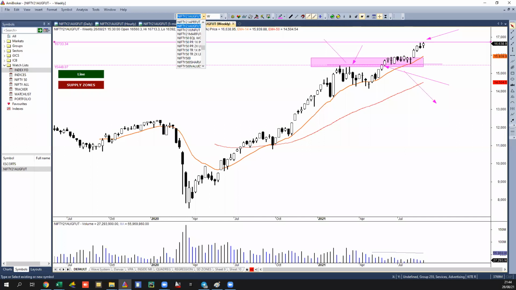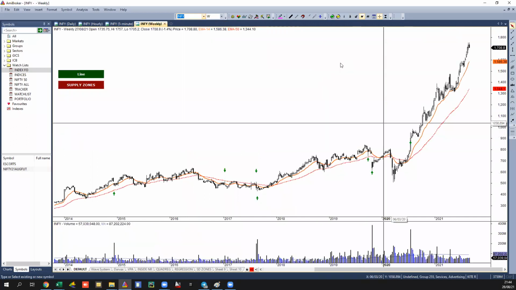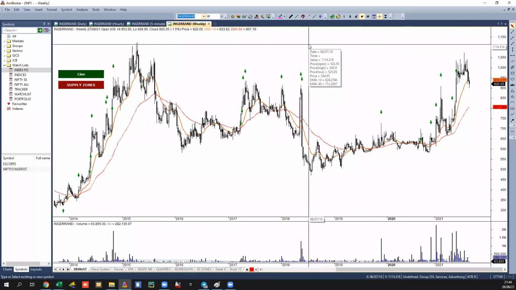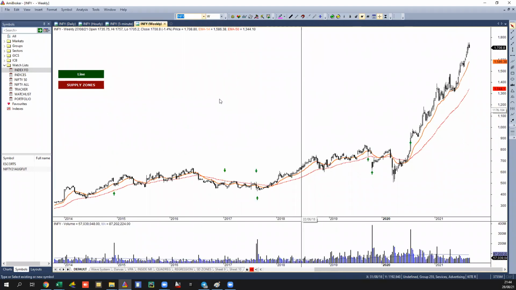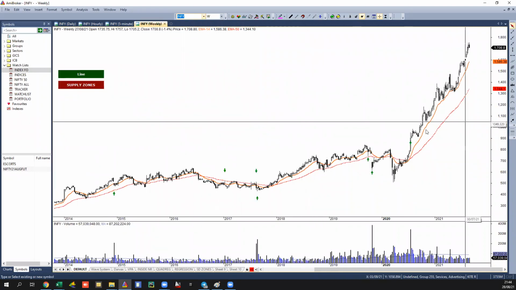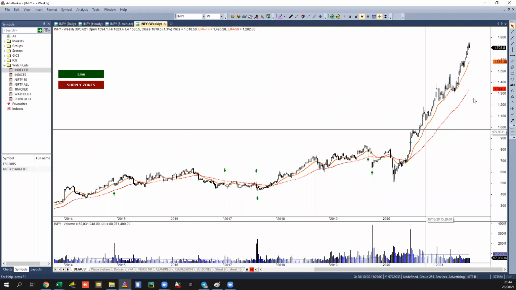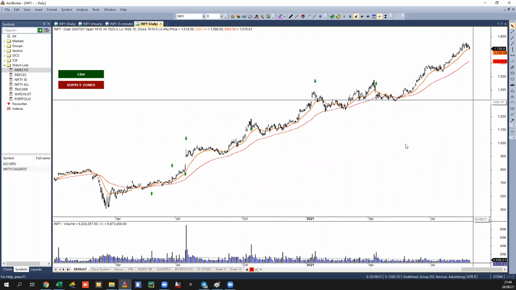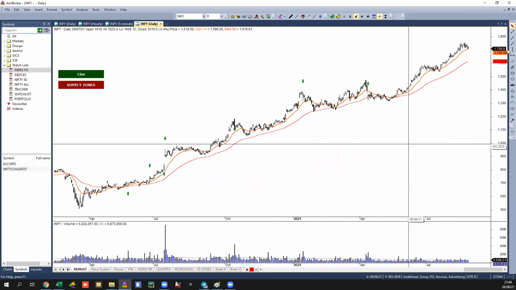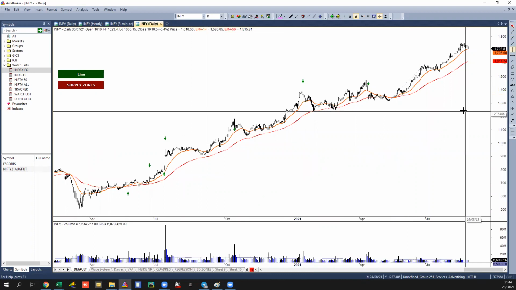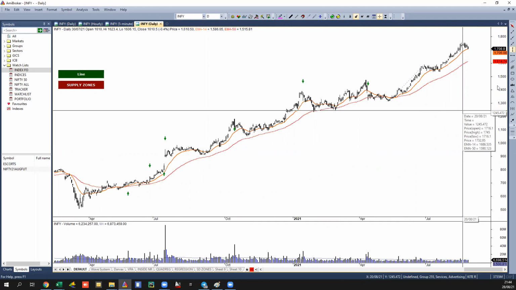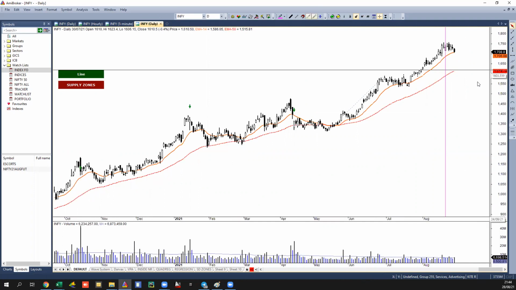Infi, okay. I hope my screen is visible, right? So this is the weekly chart. Let us come to the daily chart. And 20th August. Okay, see here. Now what happened?